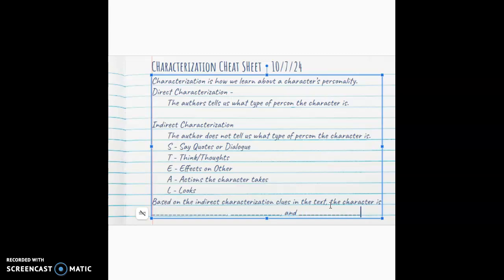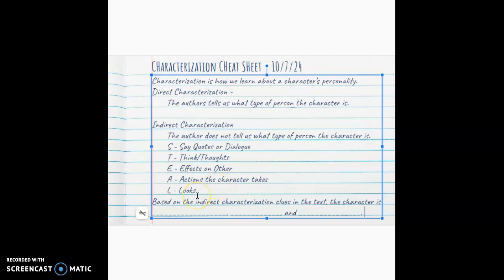So let's fill this in for Saul, right? Saul says or quotes, right? He has that fierce speech where he's like, you will never take Ecuador away from la cultura. What do they think? Their thoughts, right? What does Saul think about Señor Billy, about the carousel? What are his effects on others? What happens to him or his family, rather? What actions does Saul take throughout this story?